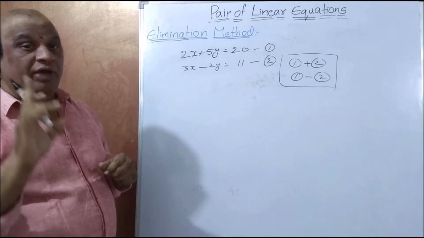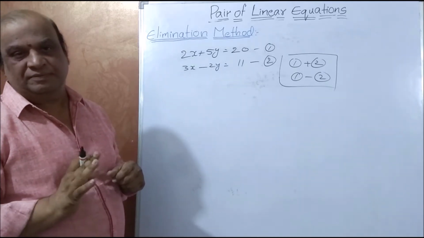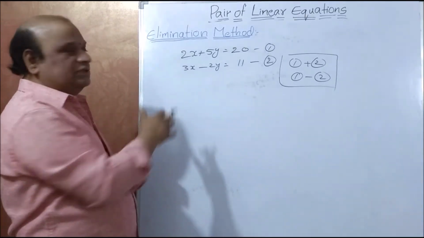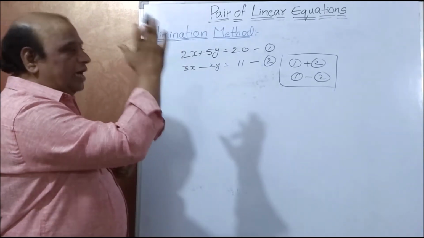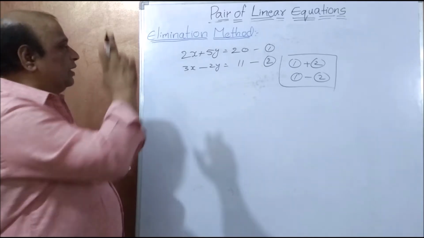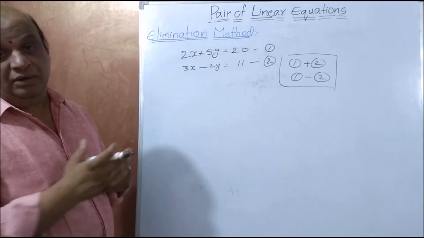Then one variable should be cancelled. That is the process. You should not multiply equations, you should not divide equations. Only we should add or subtract, then only we cancel one variable. How is it possible?